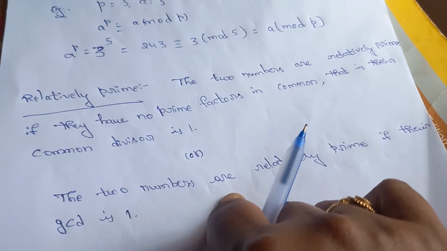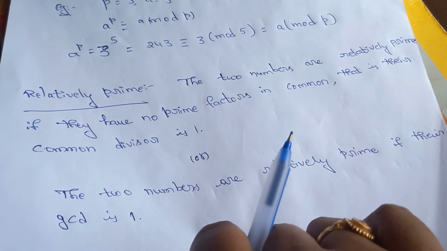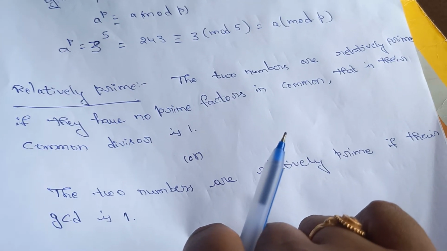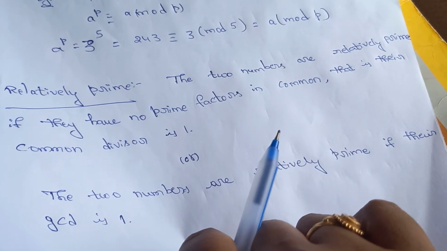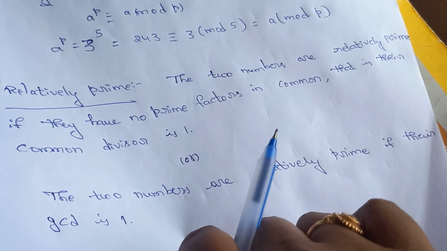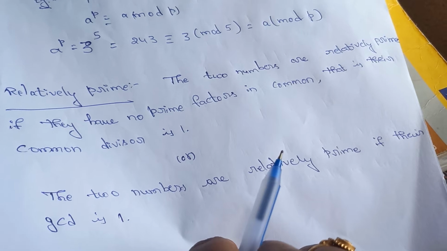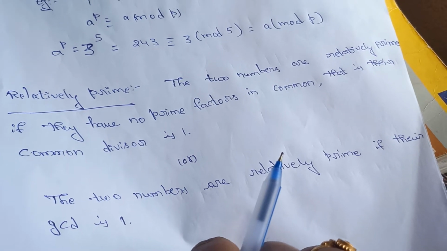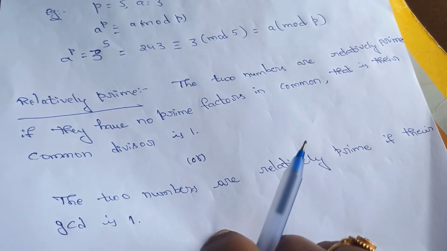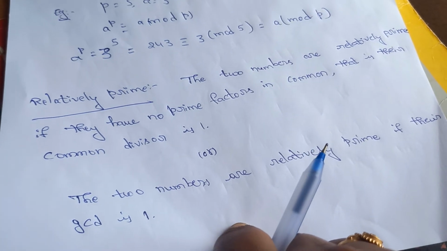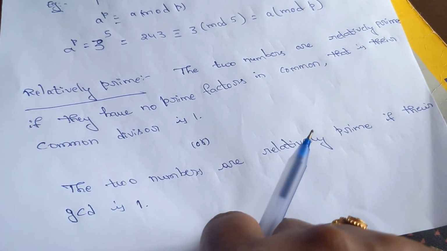One is that two numbers are relatively prime if their GCD is 1. Suppose you consider two integers a, b, and GCD of a comma b equals 1, then both a and b are relatively prime. The other is that they have no prime factors in common.